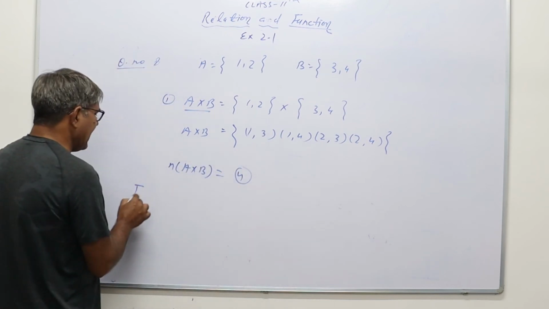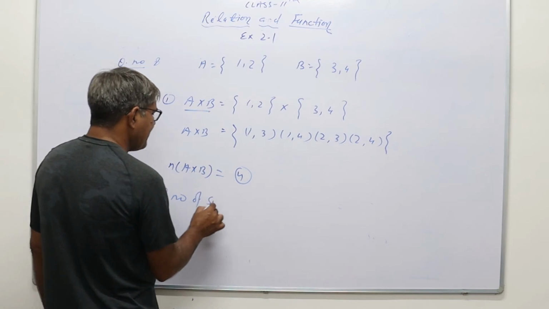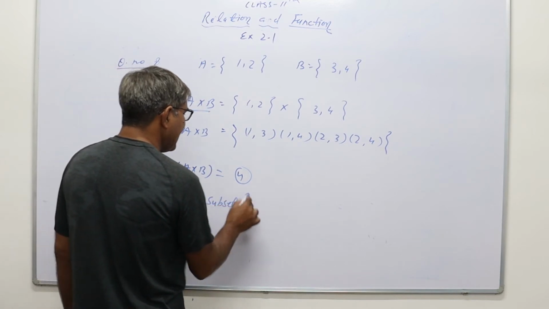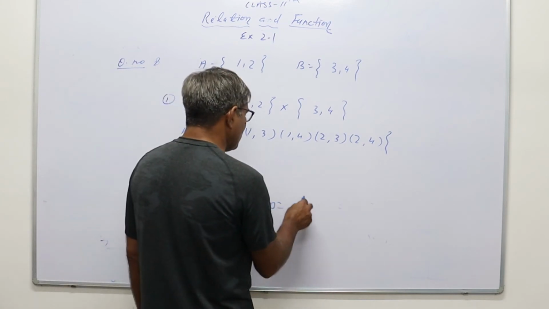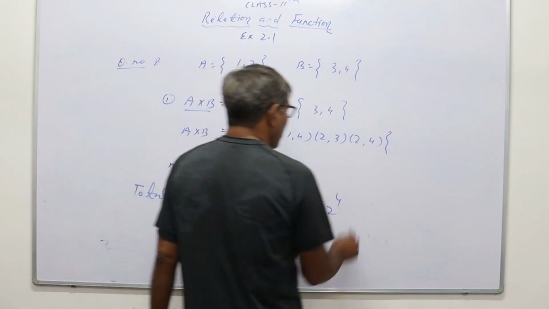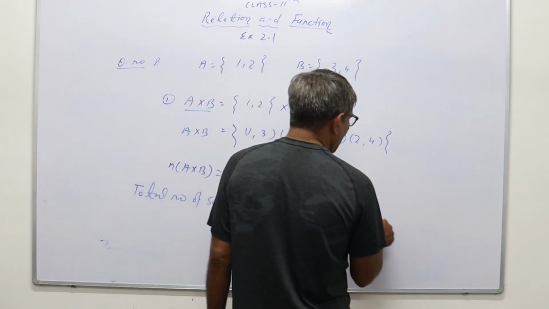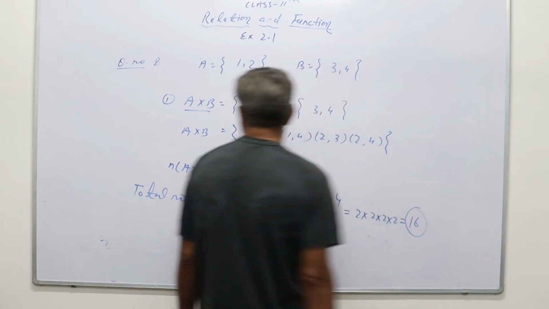So the total number of subsets of A cross B will be equal to 2 raised to the power n, that is 2 power 4, that is 2 into 2 into 2 into 2. So it will be equal to 16.